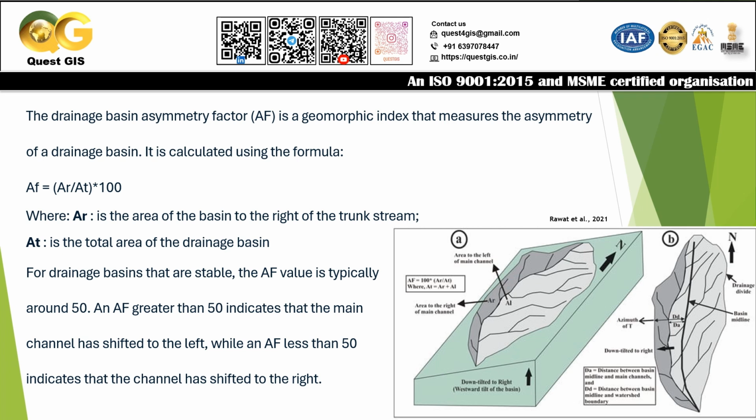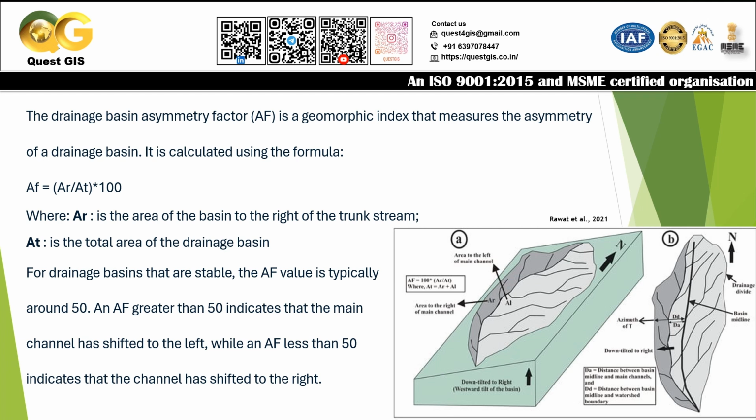So basically the factors that can cause drainage basin asymmetry can be, first, tectonic tilting. Due to some tectonic activity, the drainage basin got tilted in some direction. Second, regional scale dipping of, let's say, more resistant rock strata. There are resistant rock strata like quartzite that form the region, and there is a regional dip of the beds in a particular direction through which this drainage basin is formed.